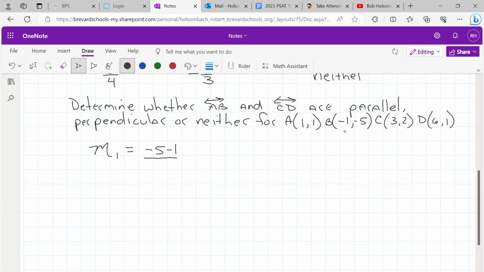And then our x sub 2 minus x sub 1 is -1 minus +1. And -5 minus 1 is -6. -1 minus 1 is -2. And -6 divided by -2 is 3.